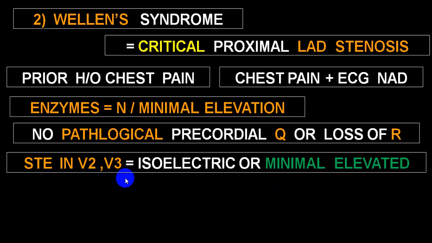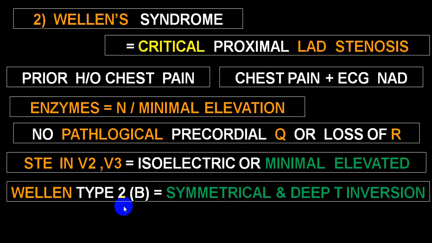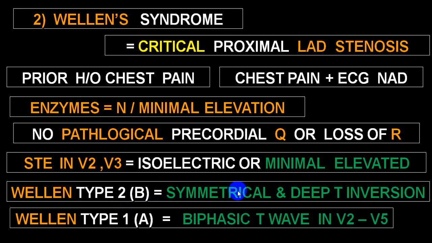And if there is a symmetrical isoelectric ST segment with symmetrical deep T wave inversion, it will be more in favor of type 2B, symmetrical deep T wave inversion. That will be type B. And in type 1A, you will have a biphasic T wave inversion with ST segment elevation in V2, V3. That will be characteristic of Wellens type 1 or A.